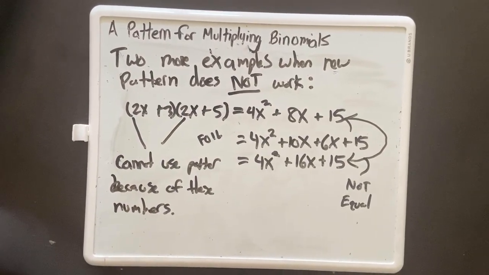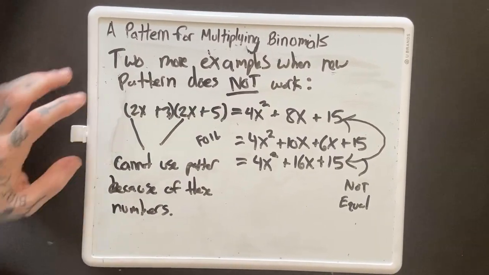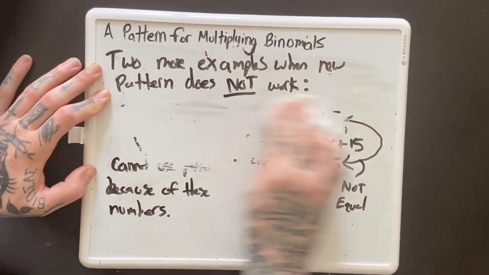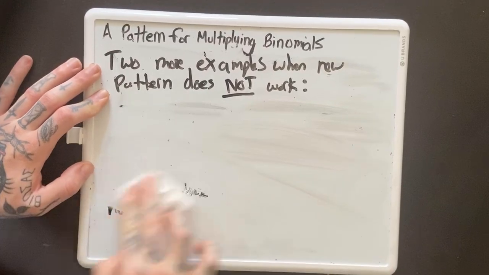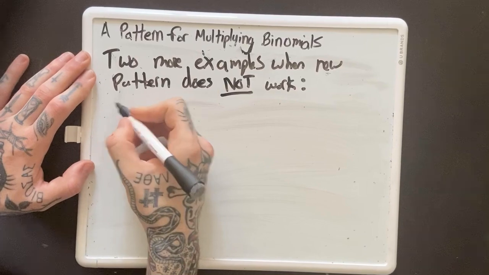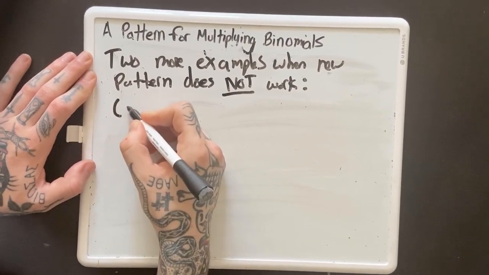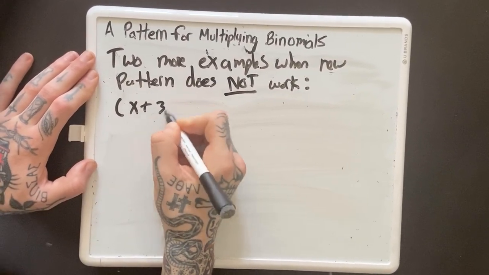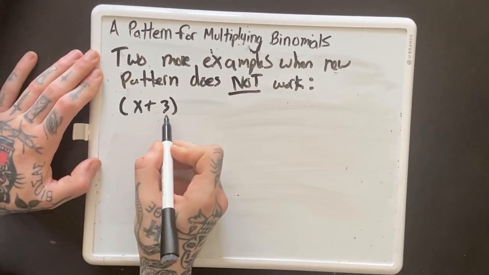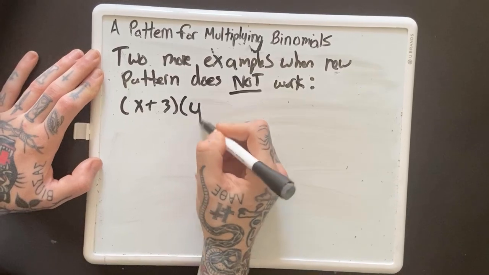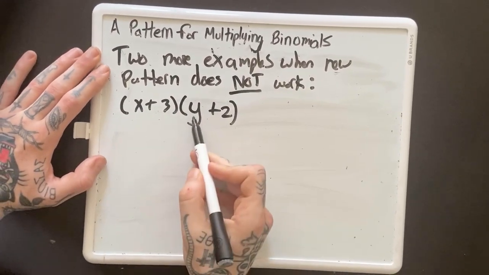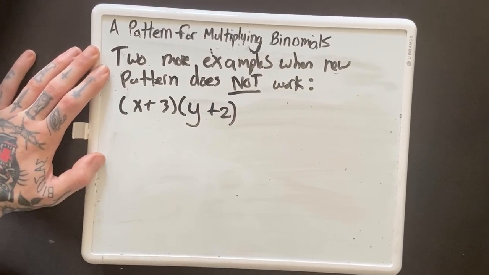Okay, one more example. So the final example where they don't work, x plus 3. So we already see this is good because the x is alone and we have a 3. And then we have y plus 2. So this variable term's alone and we have a number here, okay?